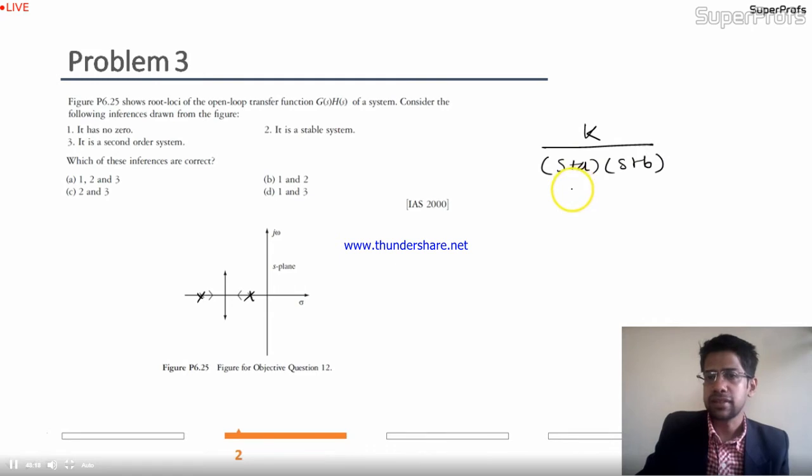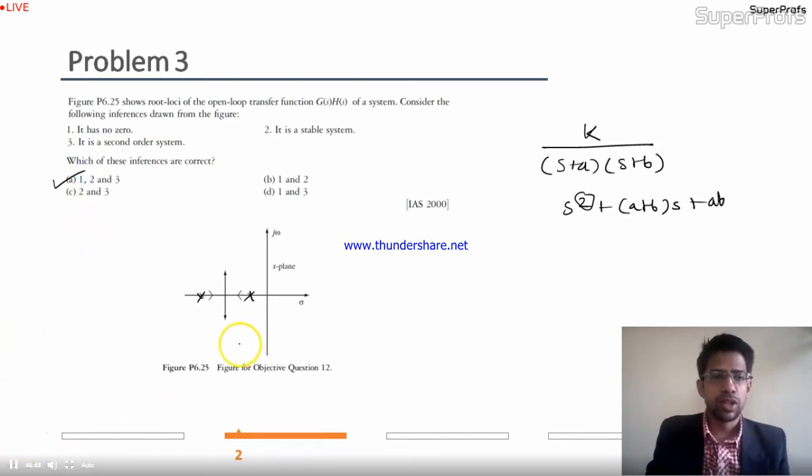Yes, because the characteristic equation will be S square plus (A plus B)S plus AB, and the highest power is 2. That means the order of system is 2 and it is a second order system. So all the 3 statements are correct in this case, and hence the correct answer is A.